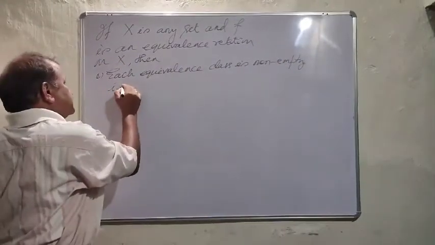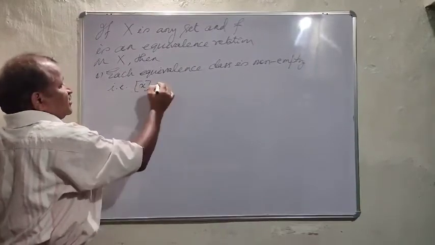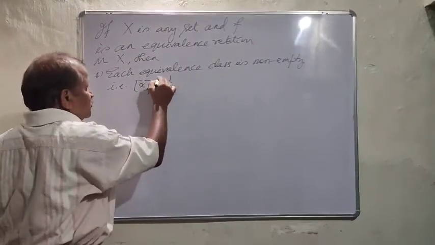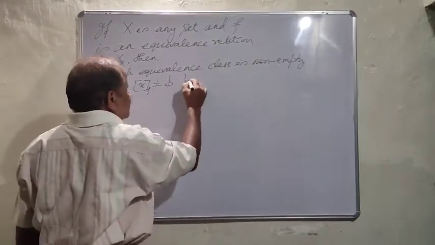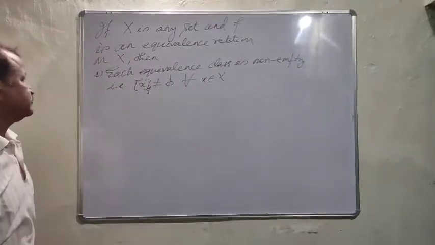That is, the equivalence class of x is not null for all x belongs to X.